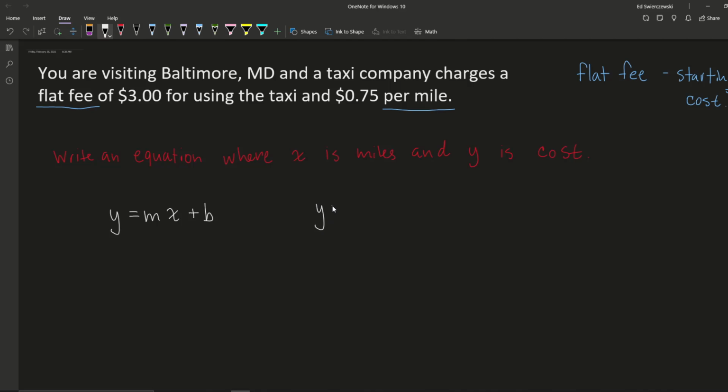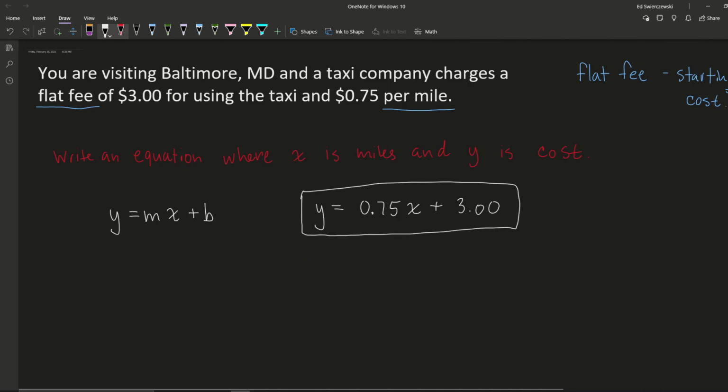So I'm going to say that y is equal to m, the slope, which is 0.75, x plus my y-intercept, this flat fee of $3. All right.